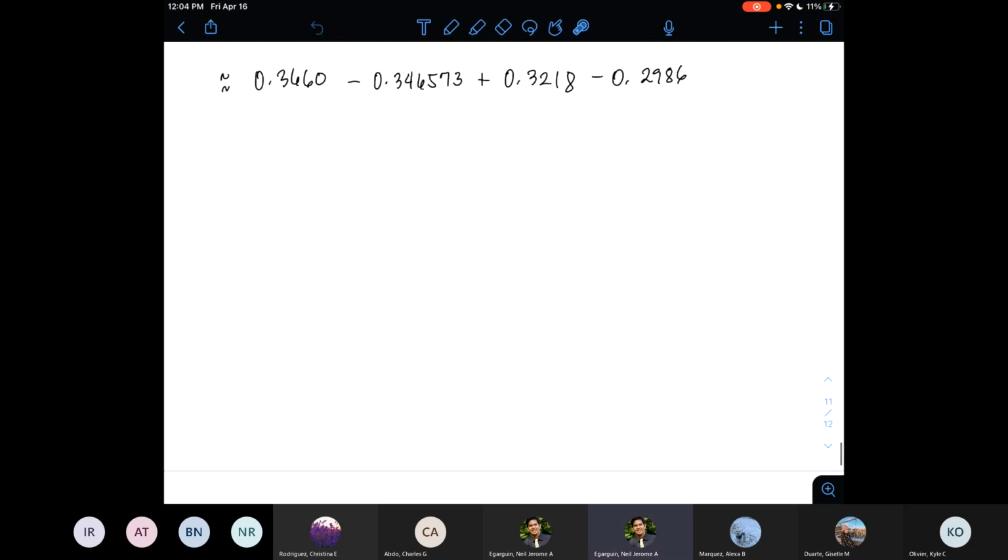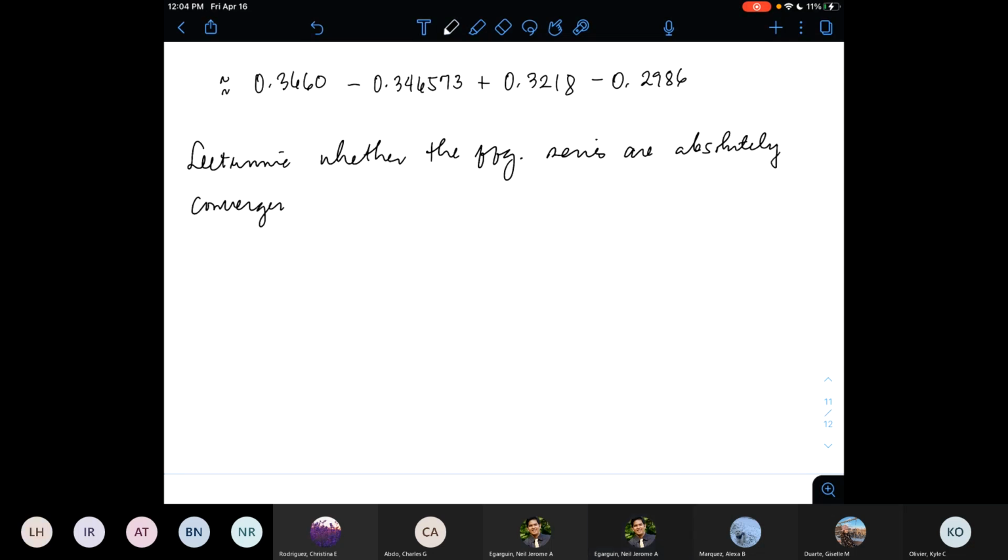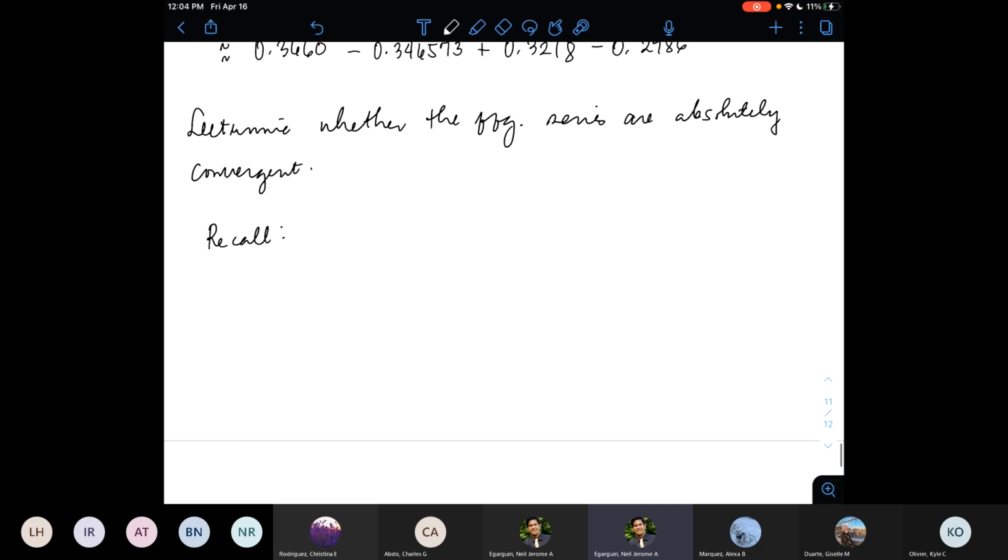Okay, so the instruction here is to determine whether the following series are absolutely convergent. Just a quick recap, let's recall what absolute convergence means.